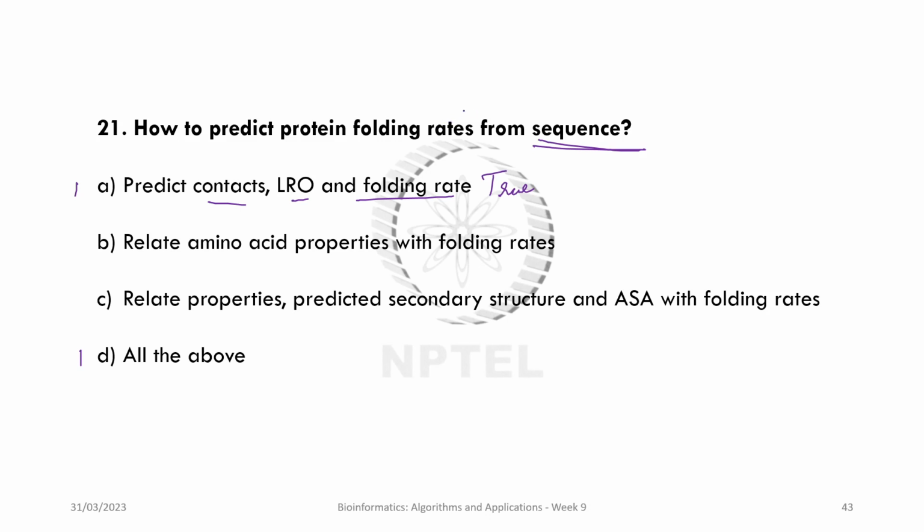So, how to predict protein folding rates from sequence? You start with the amino acid sequence and go to predicting contacts, and then calculate the LRO and then estimate folding rate. So with this in mind, A should look correct.